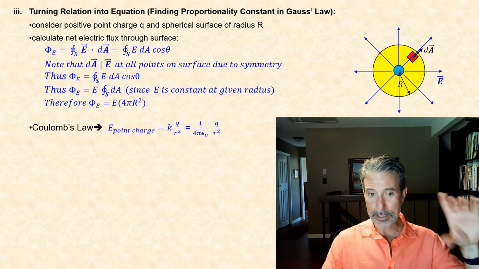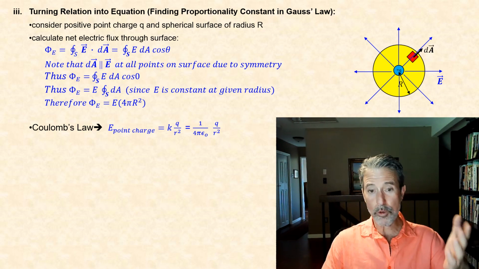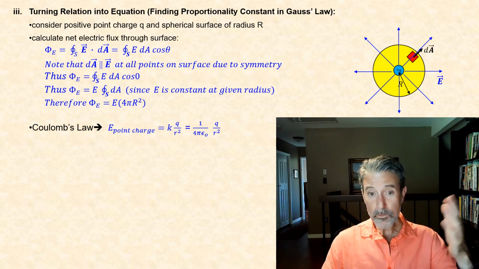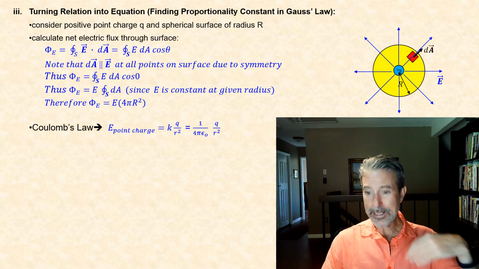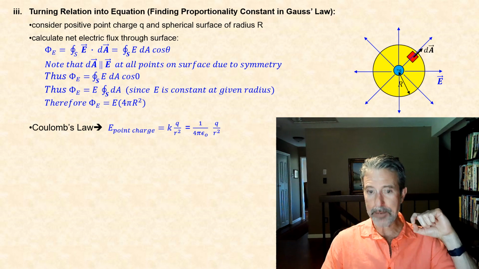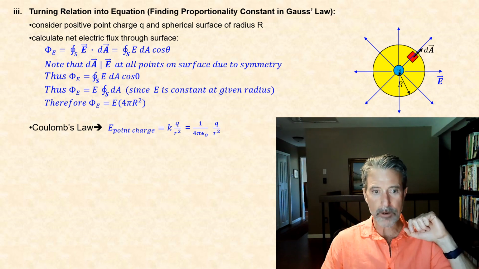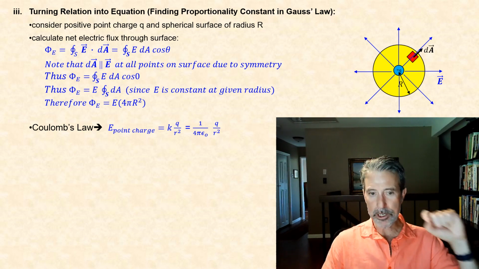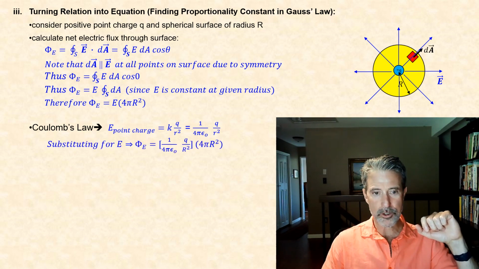We know that the electric field for a point charge is given by this Coulomb constant K, which we could also write in terms of these Gaussian units as 1 over 4 pi epsilon naught, K times Q, the charge of the point charge, divided by r squared. That is the expression for the electric field of a point charge.